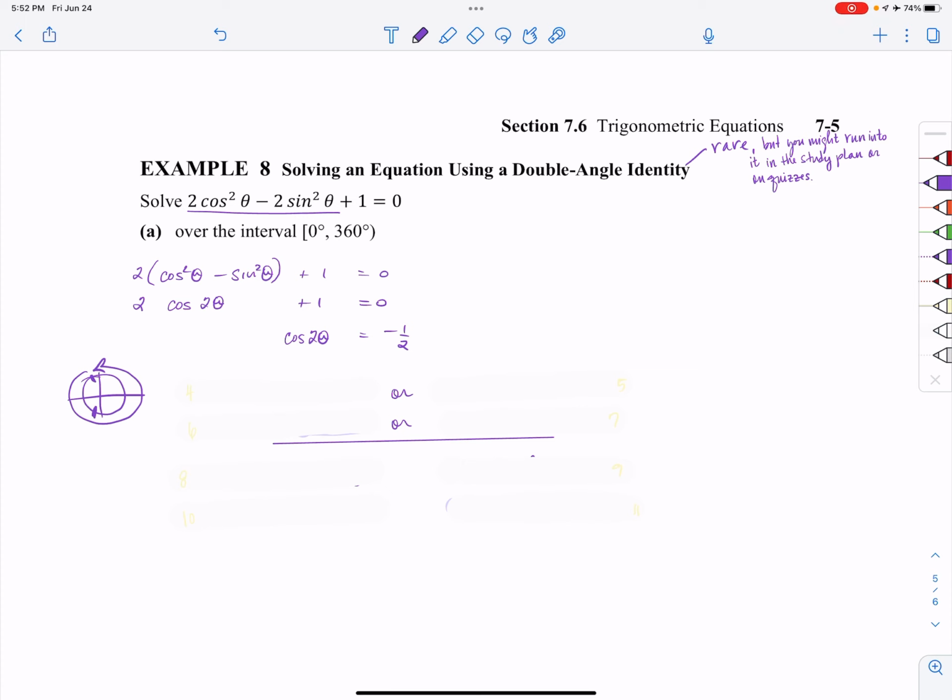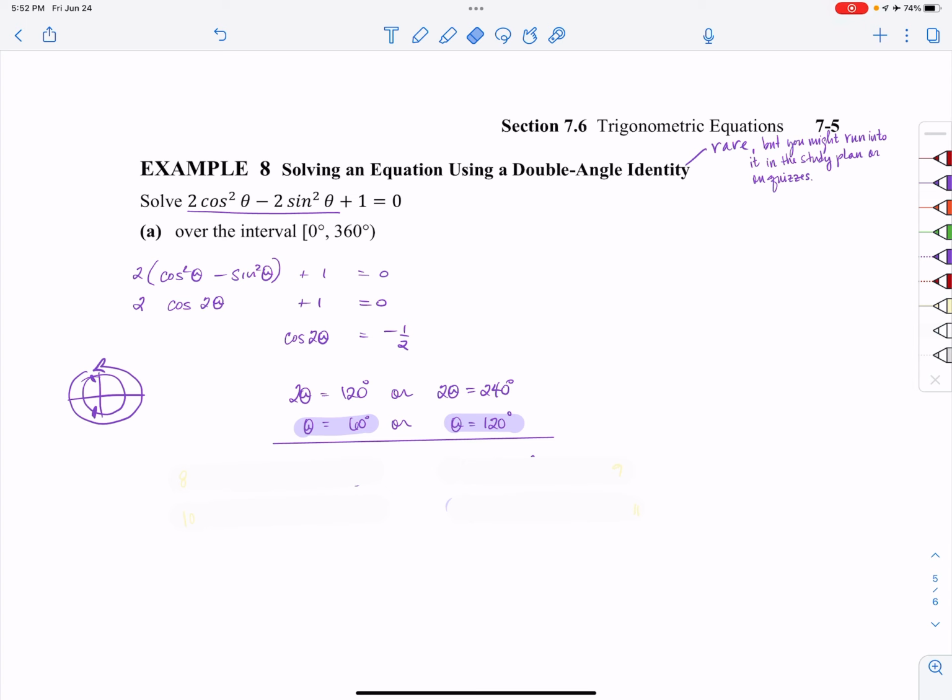My mind blanked there for just a moment. So either my double angle is going to be 120 degrees or my double angle is going to be 240 degrees. Now, so far, everything's totally normal. Let's go ahead and isolate theta by dividing by 2 on both sides, and I have a theta of 60 and a theta of 120 degrees.